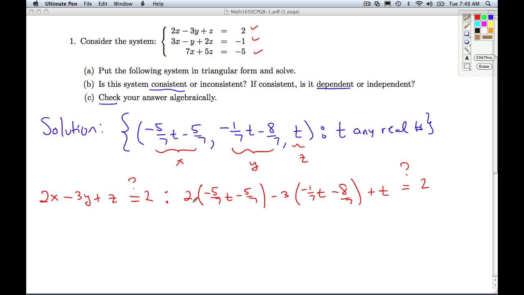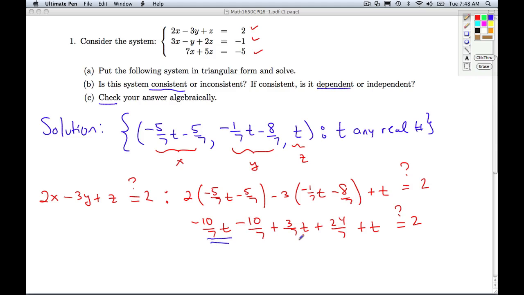Does that in fact work out to be 2? Let's check this out. When I distribute the 2 through here, I get negative 10/7 t minus 10/7. When I distribute the negative 3 through here, I get plus 3/7 t plus 24/7, and then I've got t, and that has to work out to be 2. So let's check out what's happening on the t's.